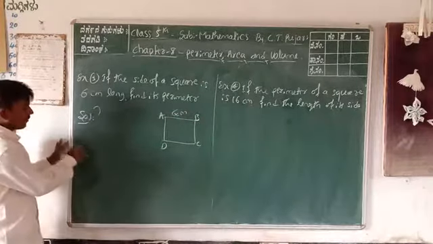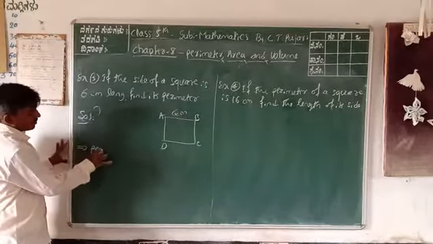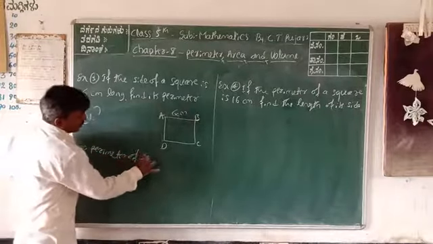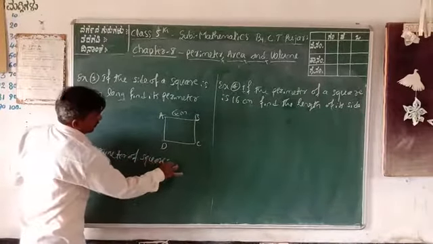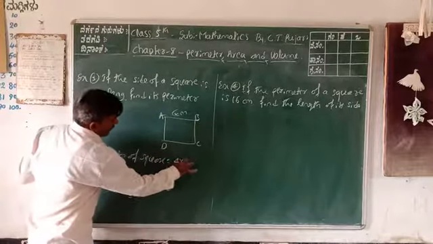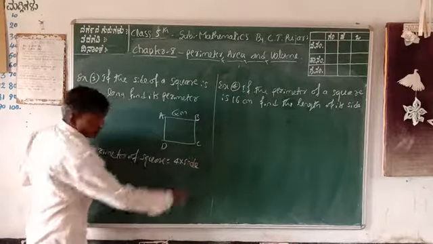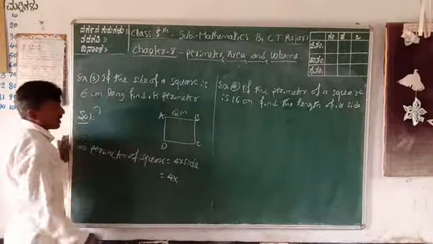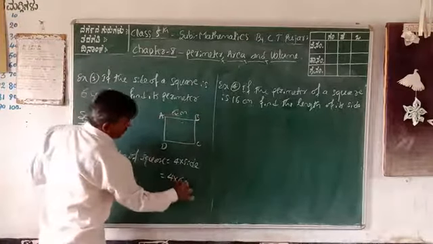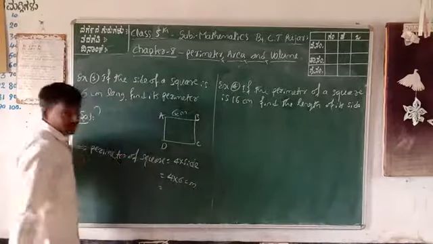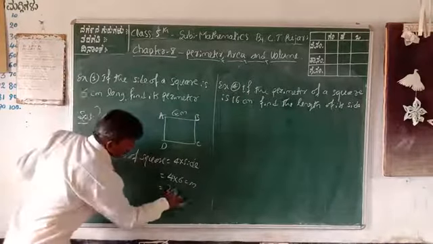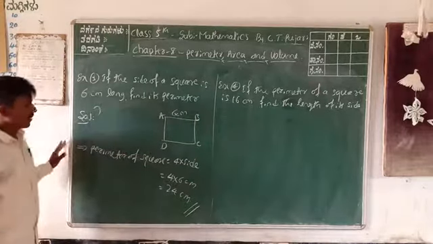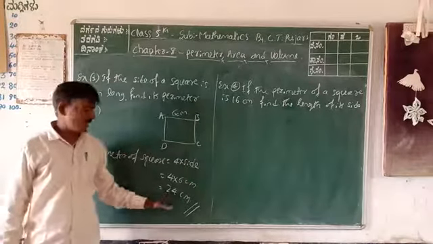The formula for the perimeter of a square is 4 into side. So 4 into 6 centimeter. 6 fours are 24 centimeter. That is the perimeter. Got it? The perimeter of the square is 24 centimeter.